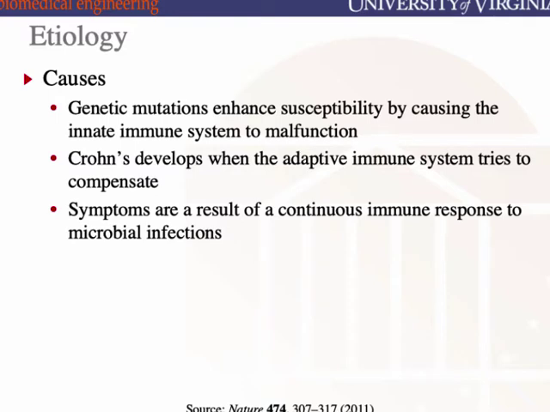Okay. So we know that genetic mutations enhance the susceptibility of patients to causing the underlying innate immune system to malfunction, which is at the heart of Crohn's. And Crohn's develops when the adaptive immune system tries to overcompensate, okay? And we'll talk a little bit about what's happening there. Symptoms are a result of continuous immune response to microbial infections.